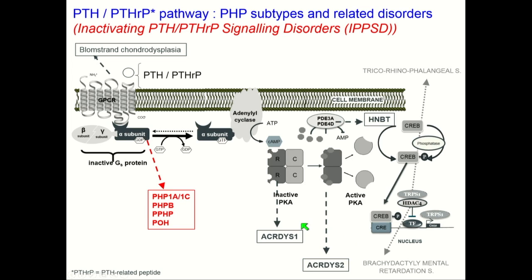There's been a suggestion in the literature to stop calling these things names like pseudohypoparathyroidism, because it's relatively unclear, and to call them inactivating PTH/PTHrP signaling disorders, IPPSD. This will be more rational, although it's still quite hard to say.